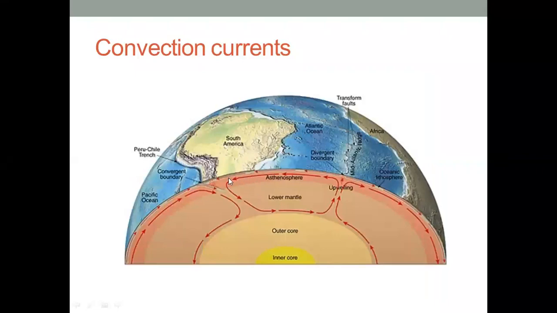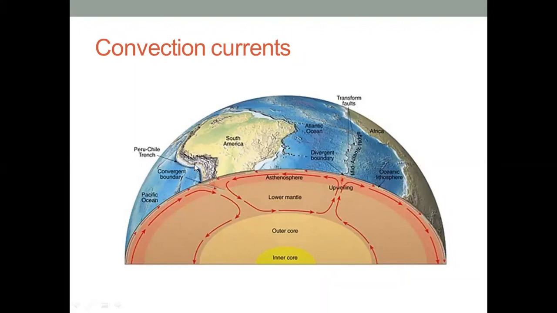You can see here this convection current will drive the movement of the tectonic plates. During this plate movement, here one plate will be there, and here another plate. When these two collide, there will be a continuous buildup of strain at one point.